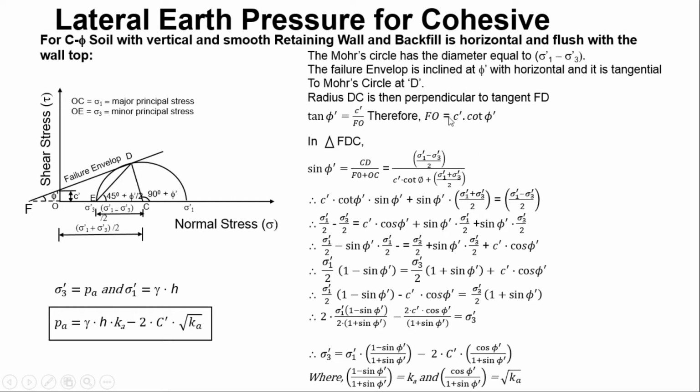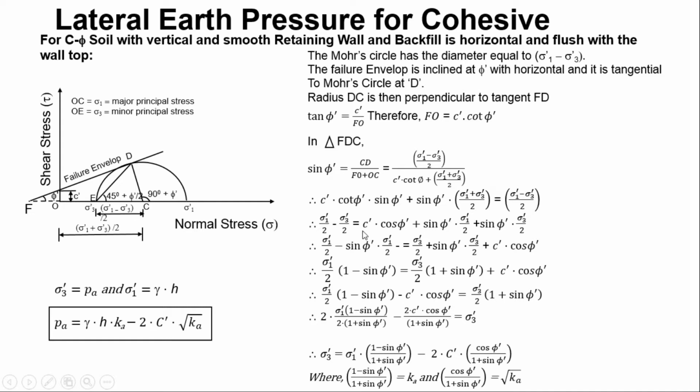CD is the radius, therefore substituting the values, CD upon FO plus OC, we get sigma 1 dash minus sigma 3 dash divided by 2, divided by FO, which is c cot phi, plus OC, which is sigma 1 dash plus sigma 3 dash divided by 2. If we cross multiply, what we get is c cot phi plus sigma 1 dash plus sigma 3 dash divided by 2, into sin phi dash, which will be equal to sigma 1 dash minus sigma 3 dash divided by 2.